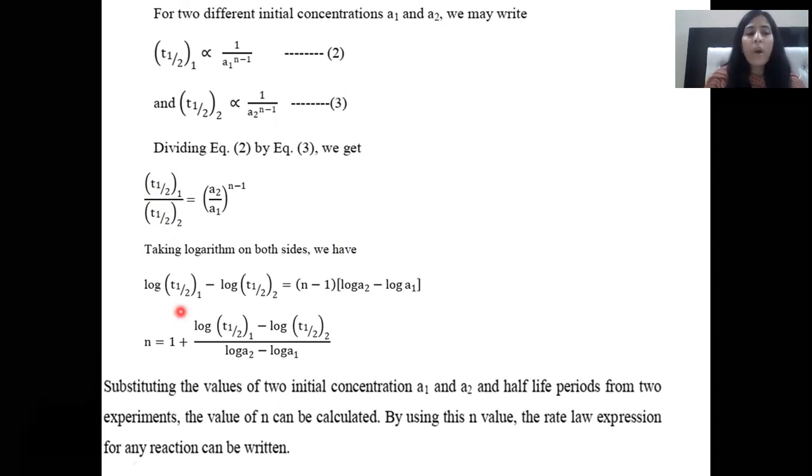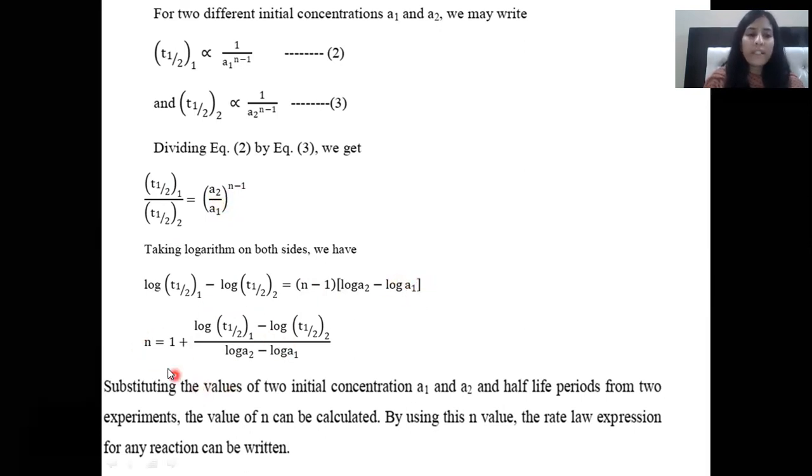So it becomes log of half-life 1 minus log of half-life 2 is equal to, apply log to this side also, and this becomes log of m raised power n. And log of m raised power n is equal to n log m. Here n is n minus 1. So n minus 1 times log of a2 by a1, which becomes log a2 minus log a1.